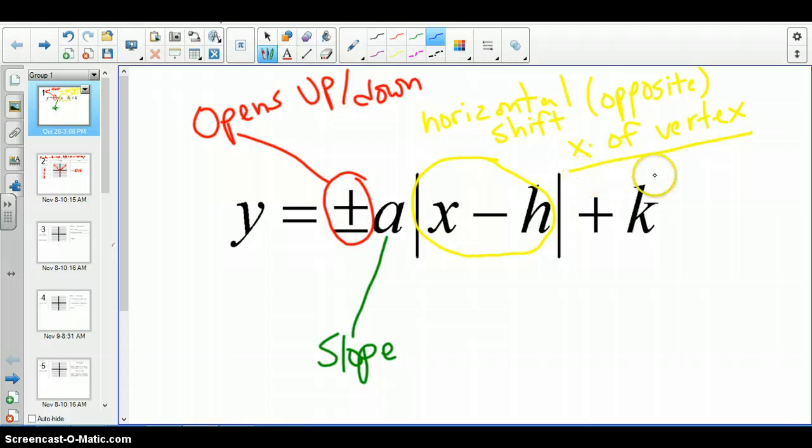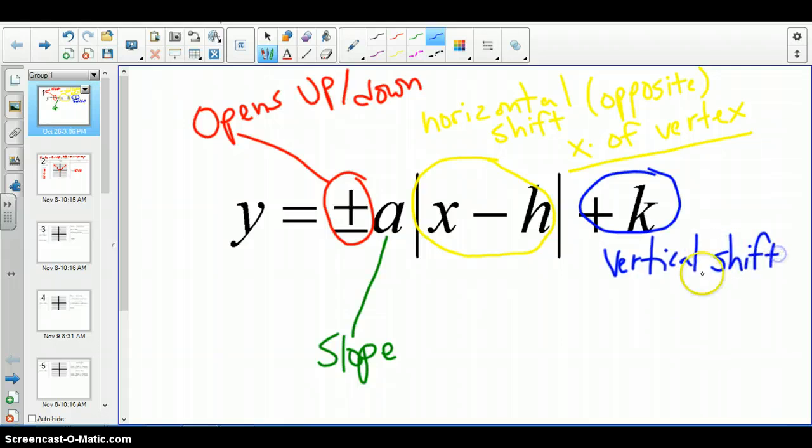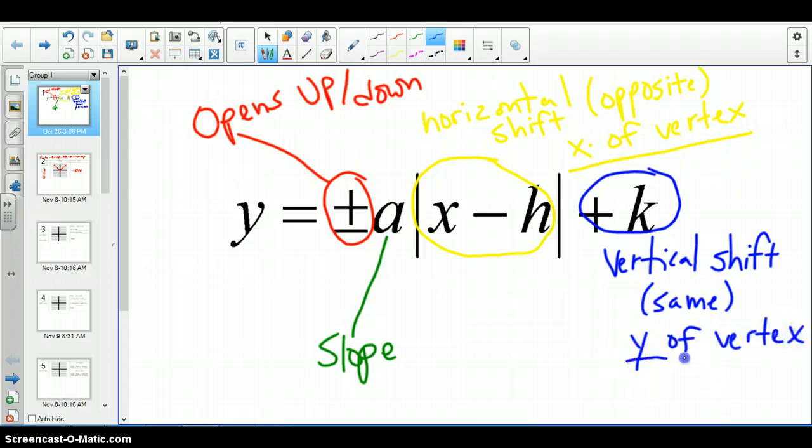And then last but not least, this k, this is our vertical shift. This number stays the same. But most importantly, it's the y of our vertex. So we're going to use that every single time to graph these.